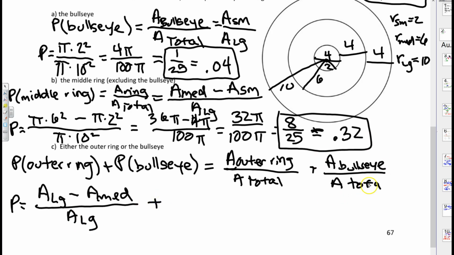Added to that, the area of the bullseye is just the area of my smallest circle, and we divide that by the area of the largest circle.